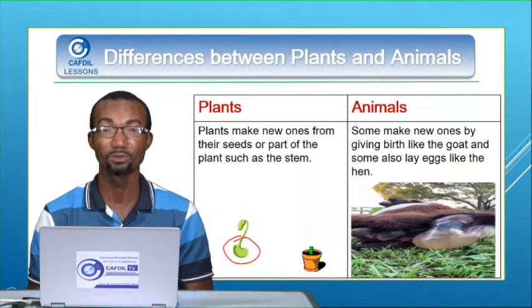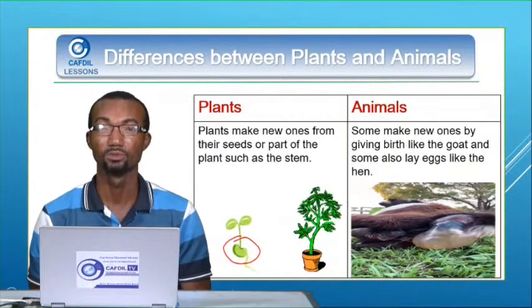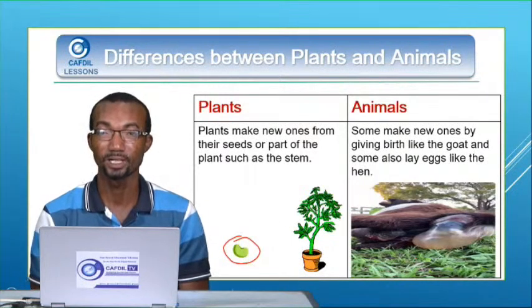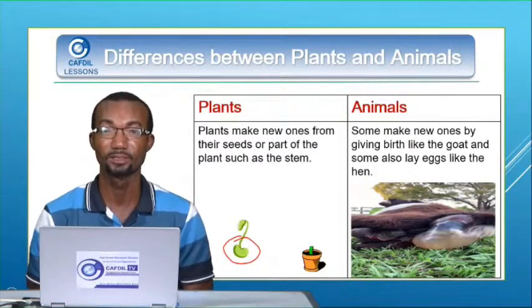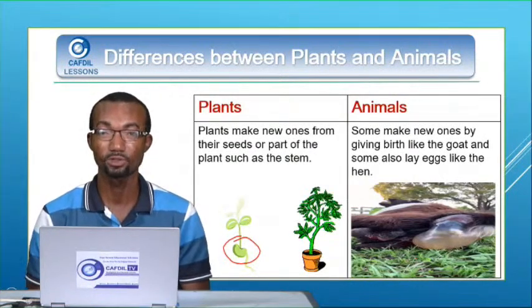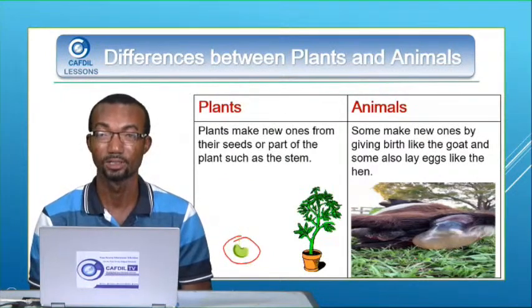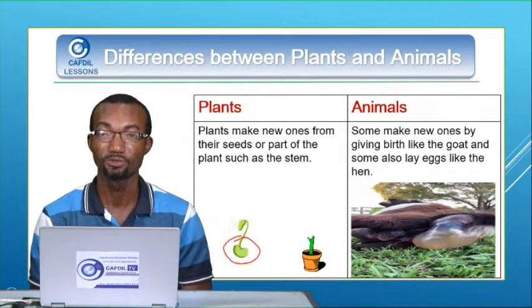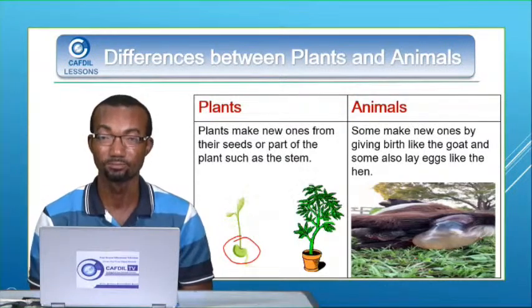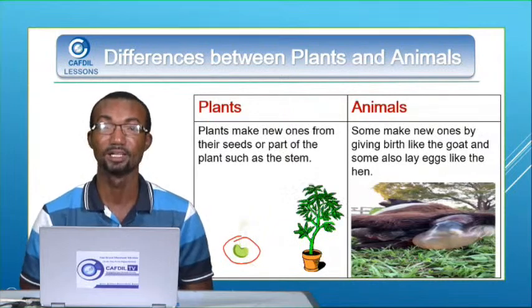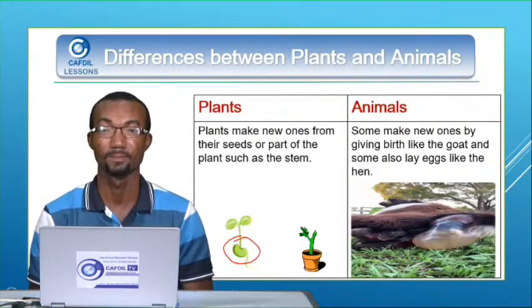You see a pregnant goat, and the goat will give birth to new ones. Pigs also get pregnant and they give birth to new ones. Sheep also get pregnant and they give birth to new ones. Some of the animals give birth. Human beings also get pregnant and then give birth to new ones.